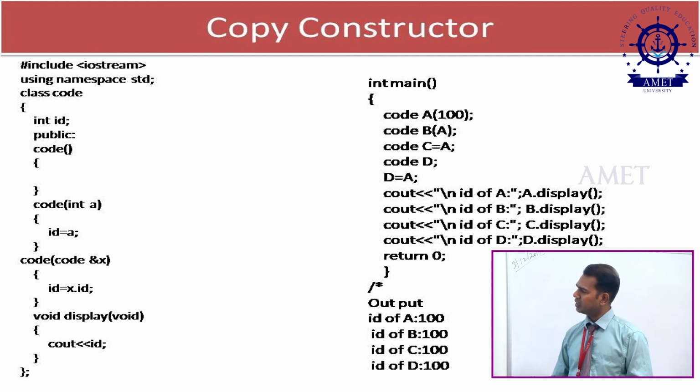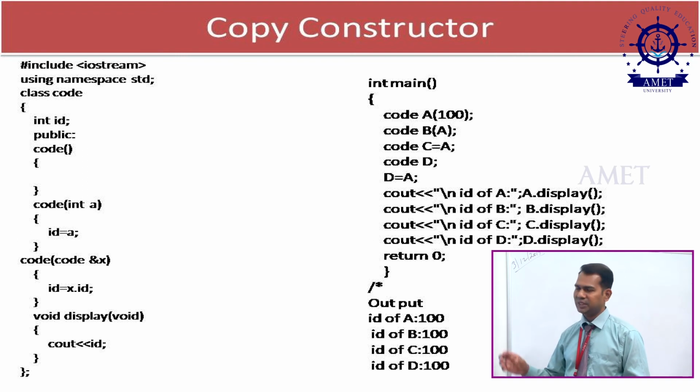In a similar way, c of a object reference will be passed inside the constructor c, and obviously there also we have a data member called x. And lastly d equivalent to a, it is similar to code d equivalent to a. Whatever the value inside object a, we have already x equivalent to 100 in a, that will be copied inside d.